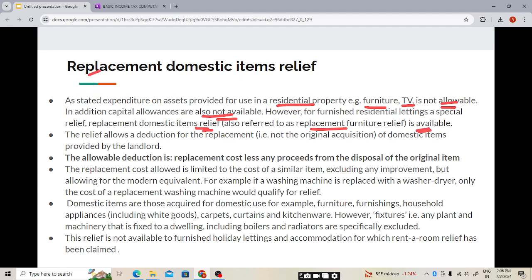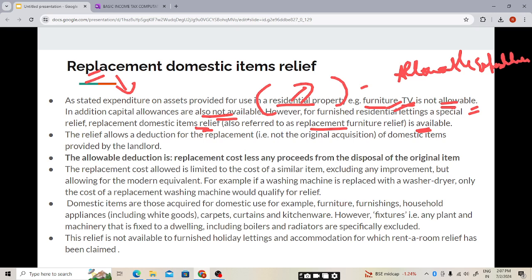So what does this relief say? The assets which you are providing in the residential property, that is furniture and TV, are not allowable expenditure. You can't reduce them. So for this case, you have a different relief, that is replacement domestic relief.